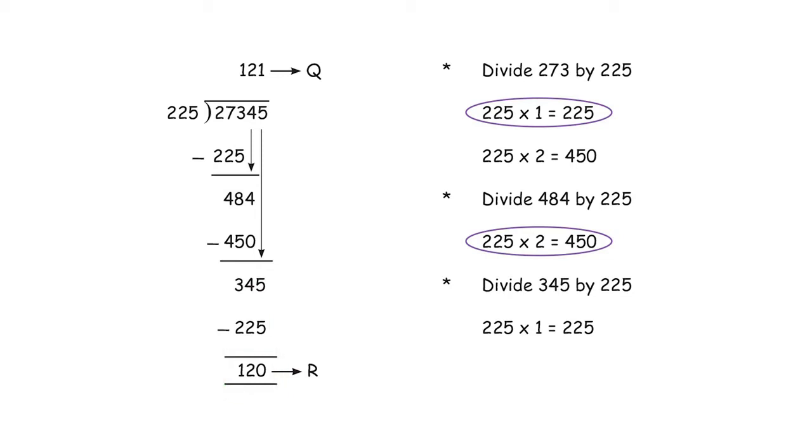So 27,345 apples can be divided equally into 225 boxes. If that has to be done, there will be 121 apples in each box. How many apples will be left over? That's the remainder, 120. This is how we can solve division when large numbers are involved.